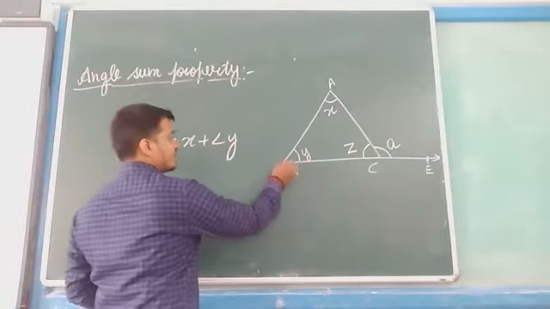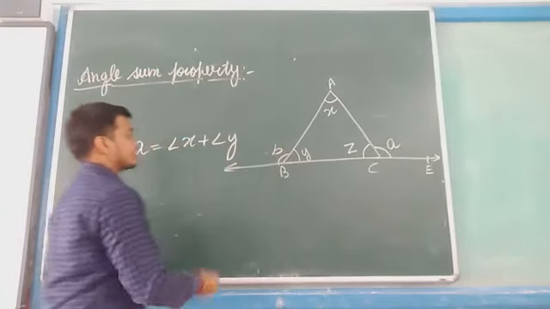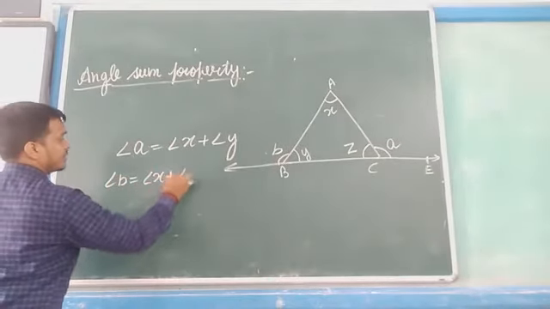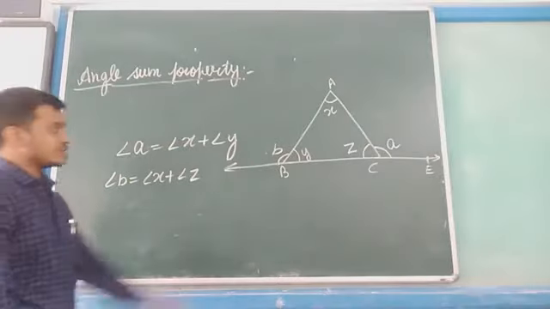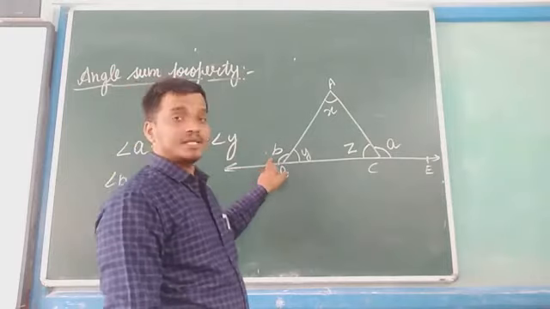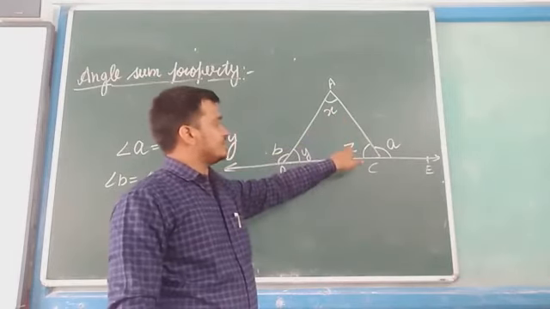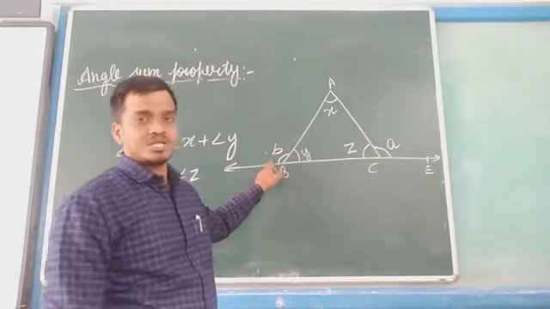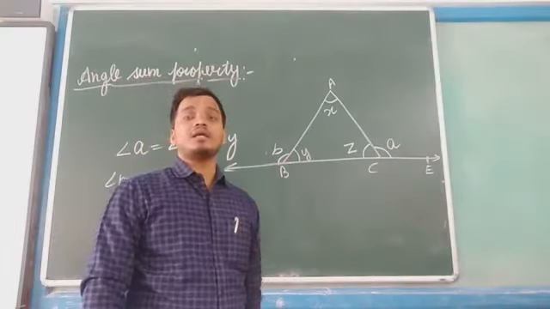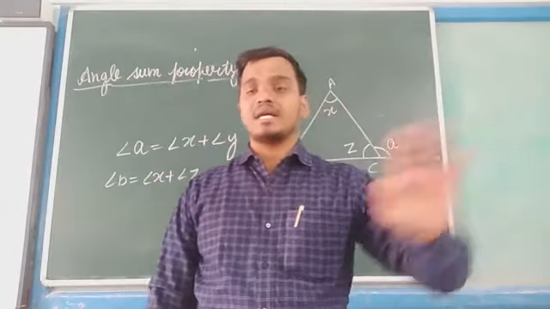In the same way, if you take this exterior angle as angle B, then angle B will be equal to angle X plus angle Z, because B is here, and its opposite interior angles will be X and Z. So the sum of X and Z will be equal to the exterior angle of the triangle, that is B. So the exterior angle of the triangle is equal to the sum of the two interior opposite angles.